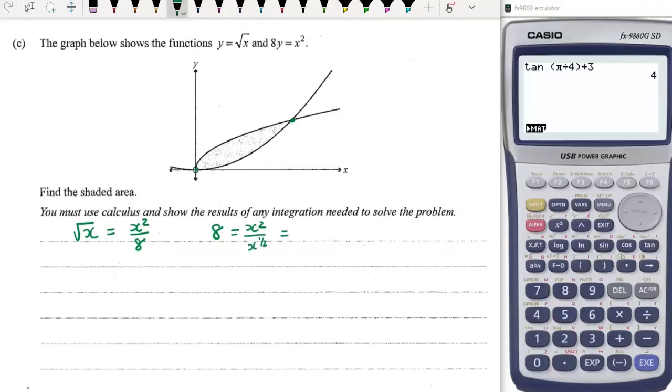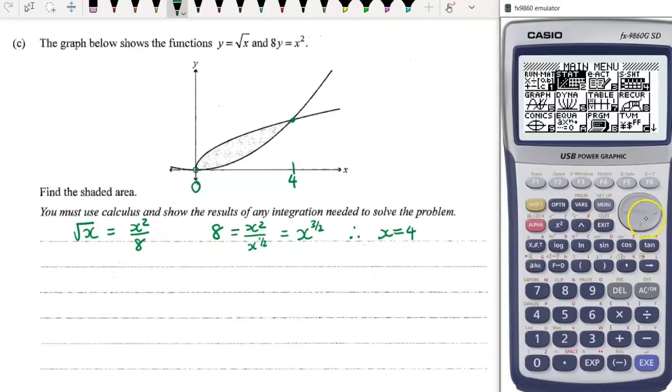Well, x squared over x to the half means we subtract the powers, so that's x to the 3 over 2. So if x to the 3 over 2 equals 8, then x is equal to 8 to the power of 2 over 3 to undo that, and that is a 4. So right here we have a 4, and this intersection is 0.